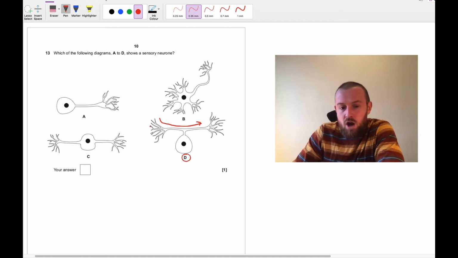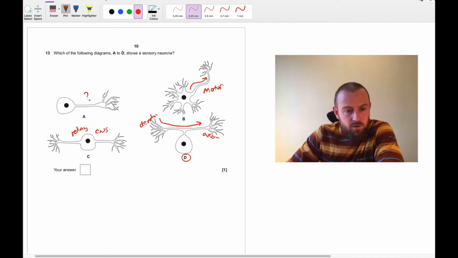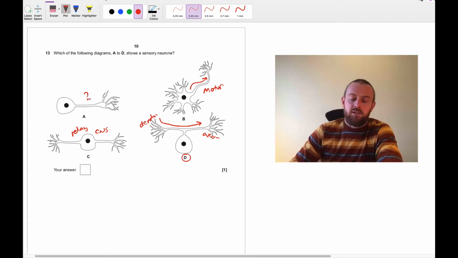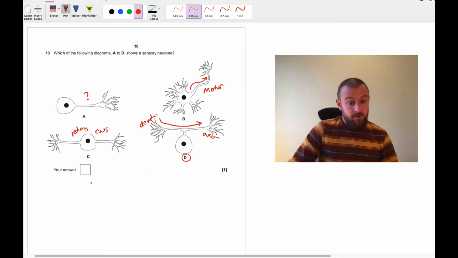Could be going the other way, we don't really know, but this is the dendron, this is the axon and the branching axon over there, and the cell body is to the side. This one, just so you know, is a motor neuron, and the impulse is traveling this way. This one is a relay neuron found in the CNS. I'm not sure if that one really exists, to be honest. I think that might be something designed to confuse you. So 13, the answer is D.